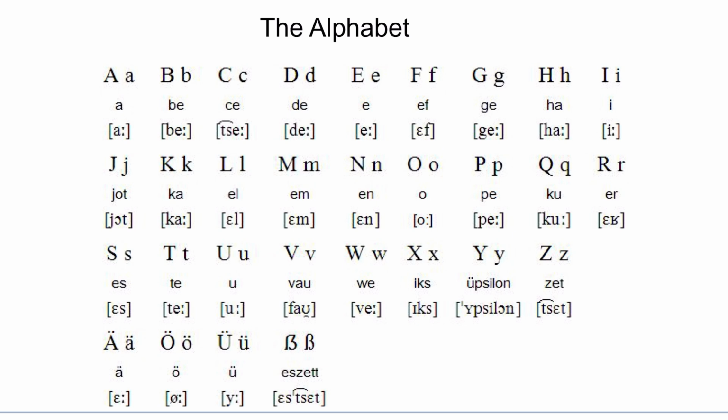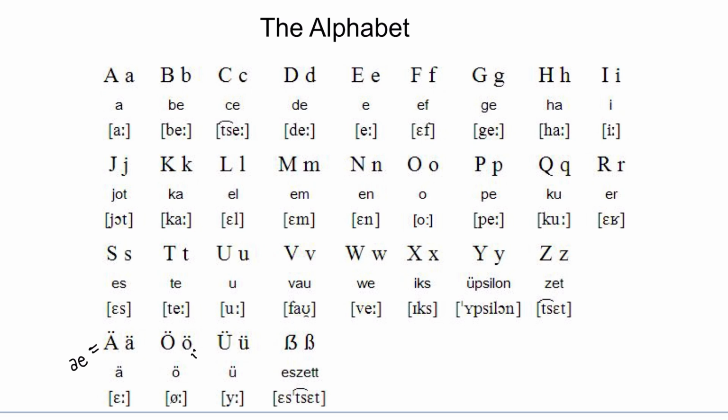And these letters all have some additional sounds to them. A umlaut can also be written as A-E, and it makes an A sound. So we have A as our regular A versus A umlaut.